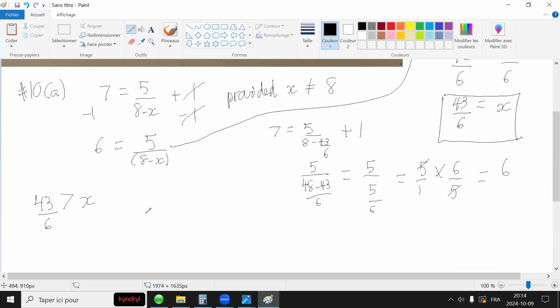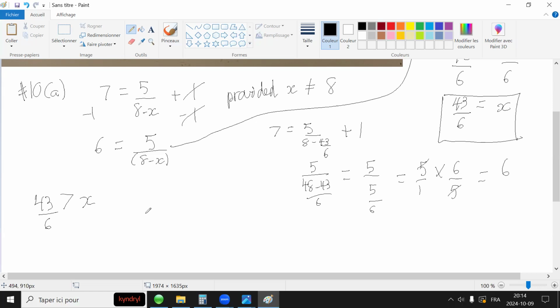If I wanted to challenge my assumption, just because I want to make sure that it's actually the truth, what I could do in that case would be to take a smaller number than 43 over 6.